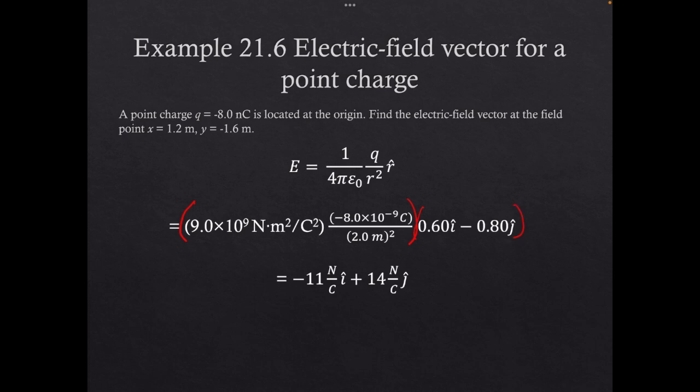All right. You'll notice that what I did was put r hat directly in here, and I let my negative sign hang out with q. I didn't do a double negative, right? I know the E vector was pointing in the negative r hat direction, so I could have left my negative with r hat and reported this as positive.